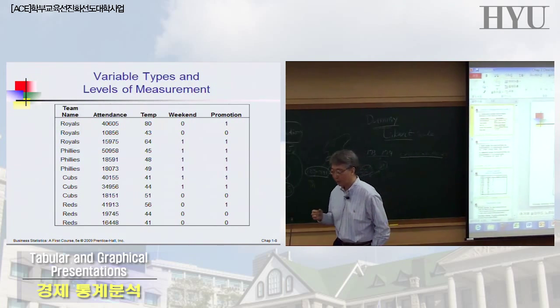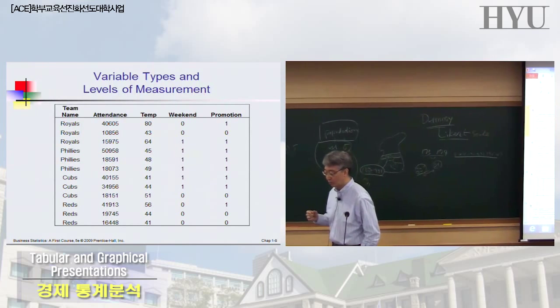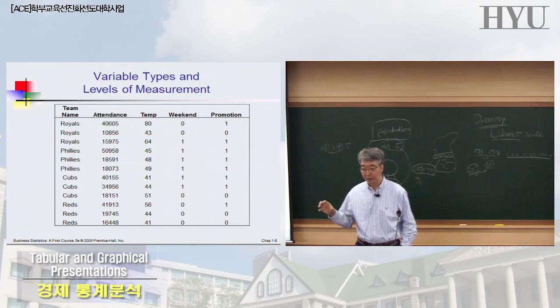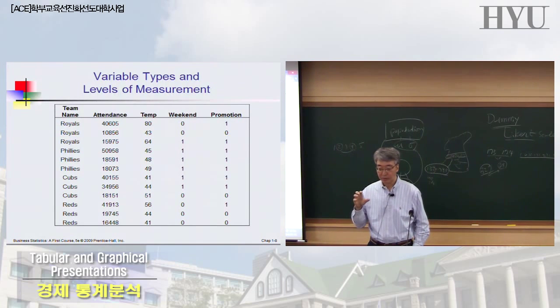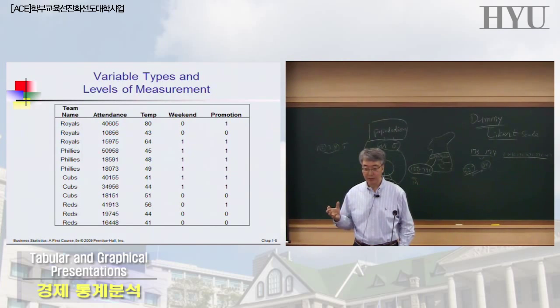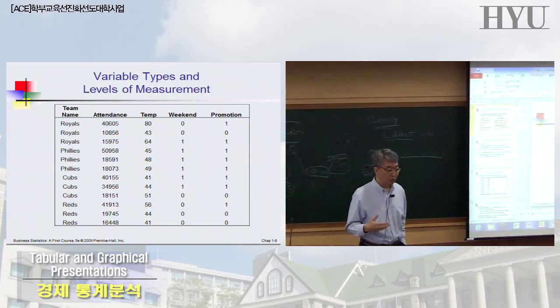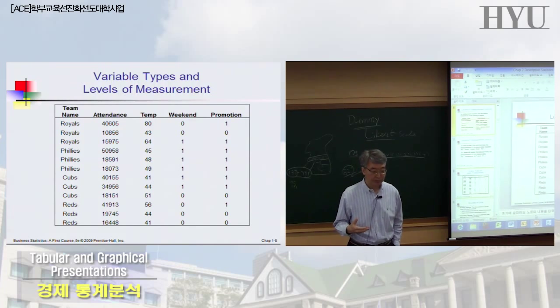So you can say these are categorical variables. We're talking about two different categories, whether it's weekdays or weekend, or whether there was a promotion or not. You can definitely answer with yes or no for each category, so it is definitely a qualitative or categorical variable, okay?